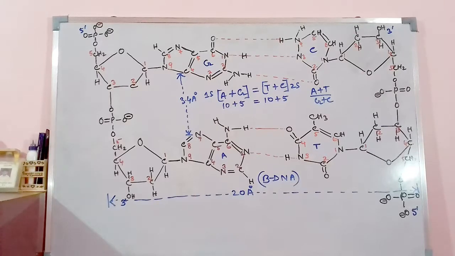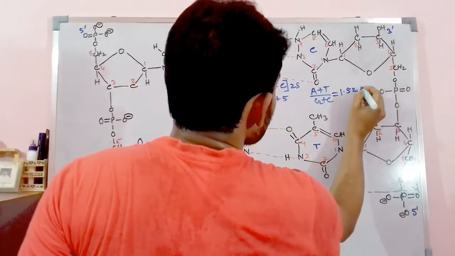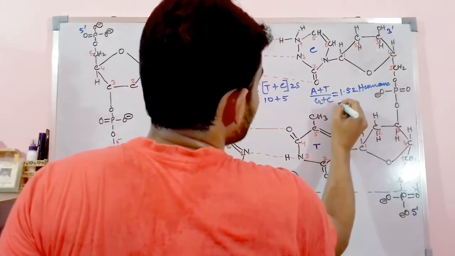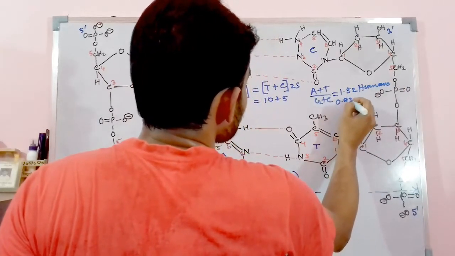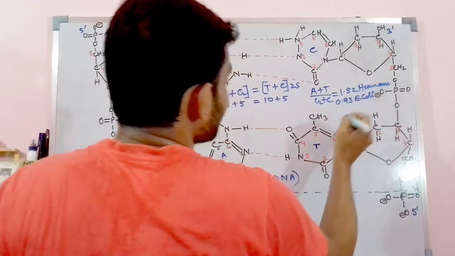Let me write it on the board. It is almost 1.52 in case of humans and 0.93 in case of Escherichia coli or E. coli.